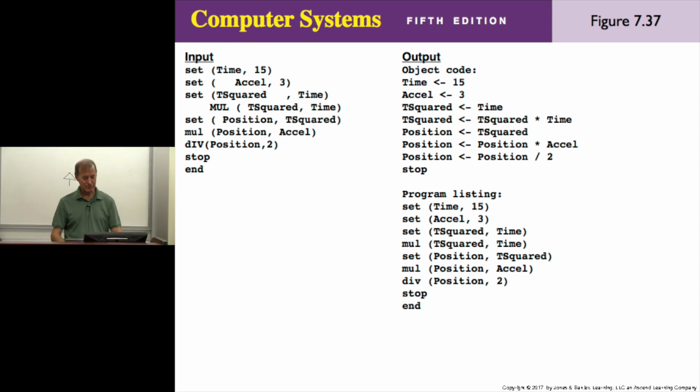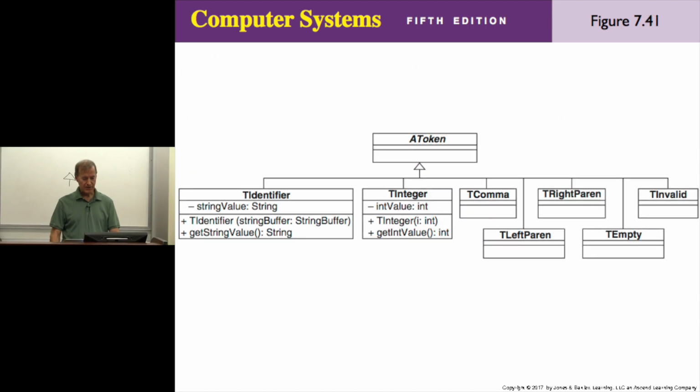Yeah, good observation. Okay, and now in figure 7.41 we've already looked at this, because we did a little bit of a code walkthrough of it when you were working on your tokenizer. So this is the way the tokens are set up in this little language. We have an identifier, an integer.